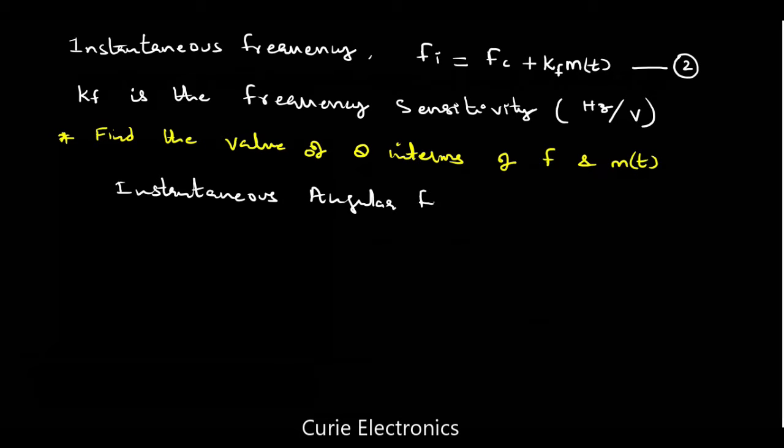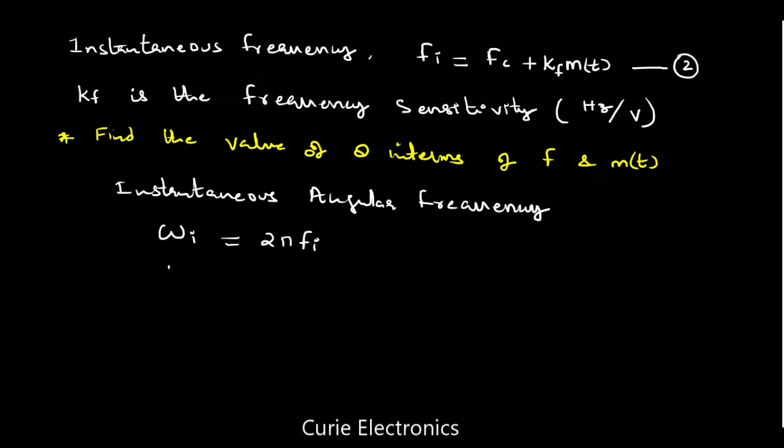I will mention it as Fi, not Fi, sorry. We'll mention it as angular frequency. Then it has to be omega i. Omega i is the angular frequency, which equals what I can write? 2 pi Fi. Right, nothing wrong. It's same.